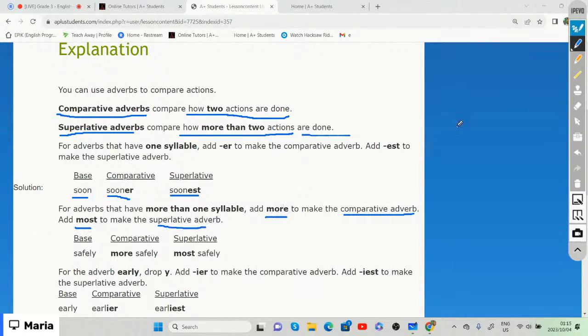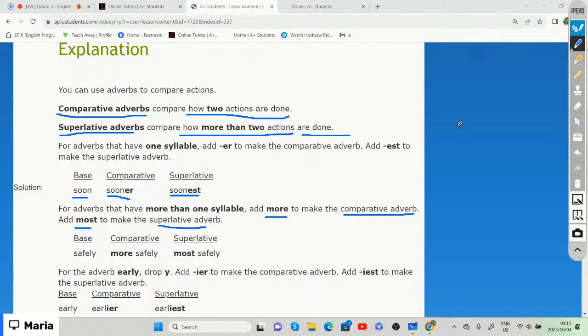So the comparative adverb is where we compare two actions that are being done. And if we add most, we make it superlative.